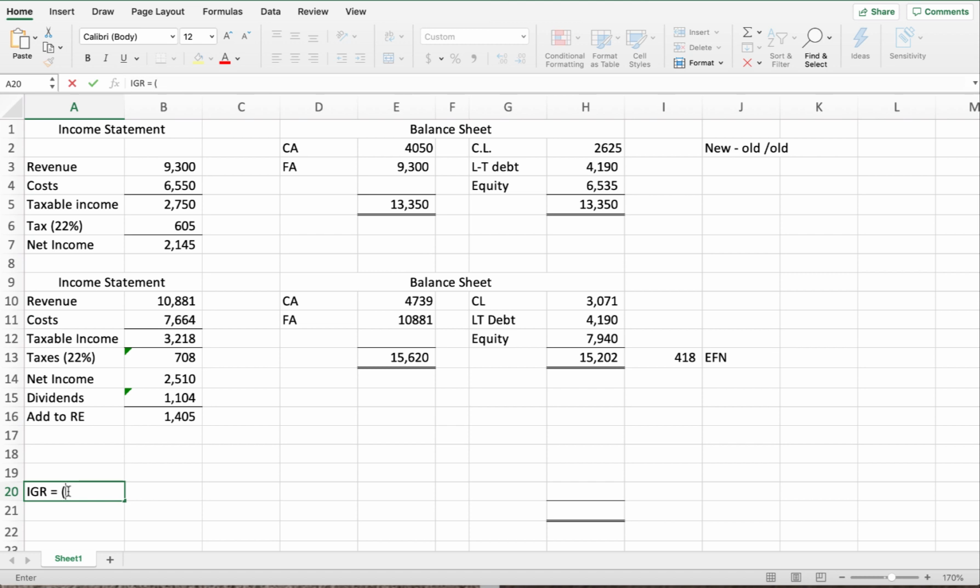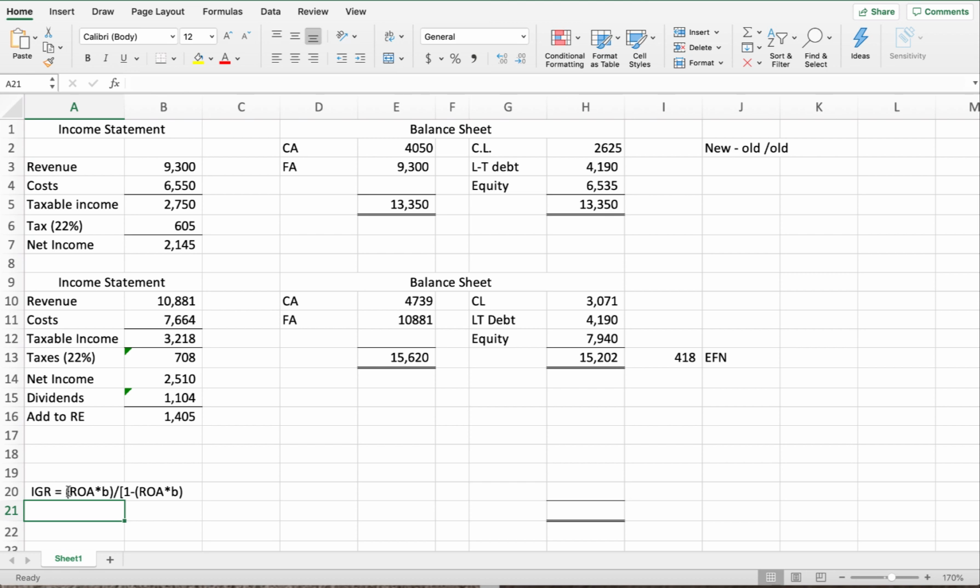I'm going to abbreviate. IGR, internal growth rate, equals our ROA times our lowercase b, or our plowback, right, divided by 1 minus the ROA times the plowback. Okay? So that's the equation we need to use, right?